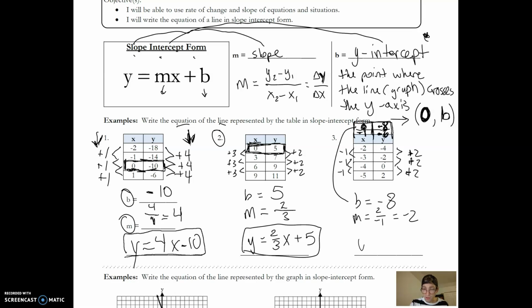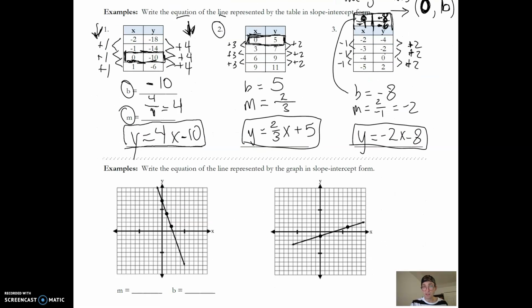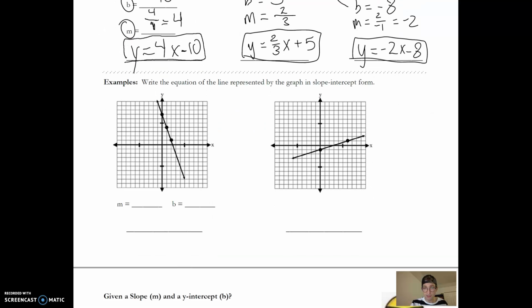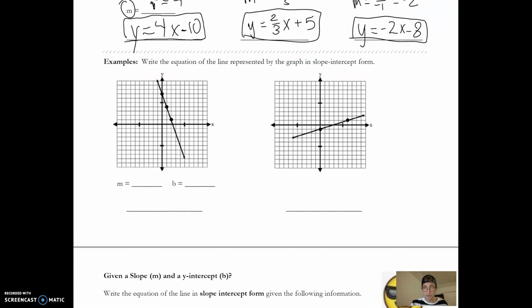So writing our equation, that would be y equals -2x minus 8. Okay, breath pause. First glimpse of finding linear equations here. Look those over. Before we move on to the next one, give yourself a second. Think about those. Make sure they make sense.